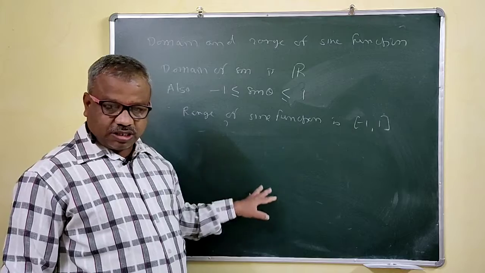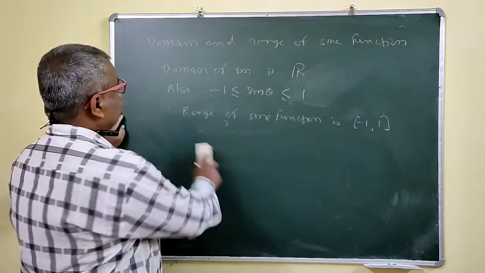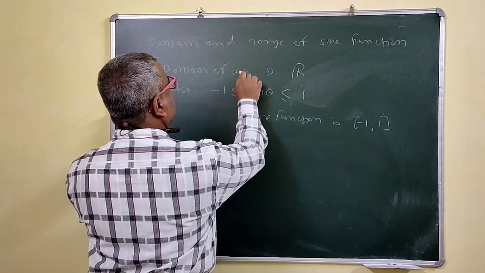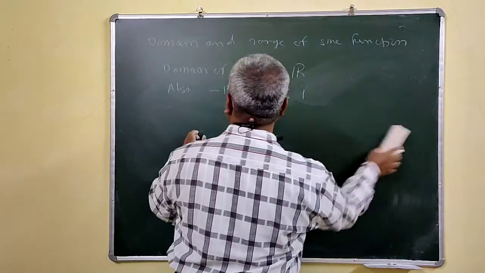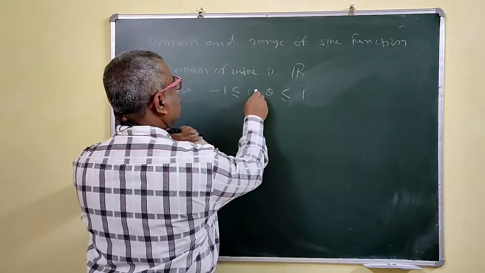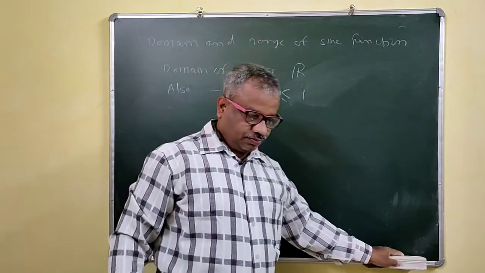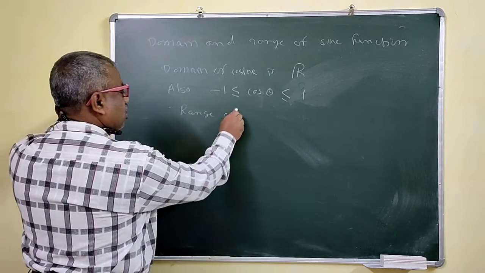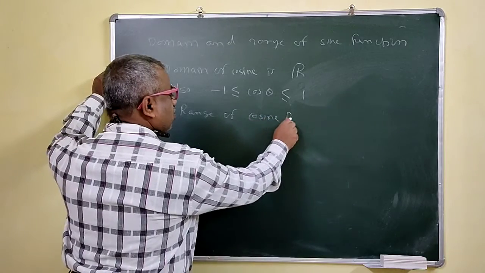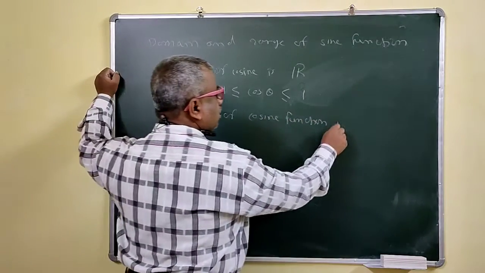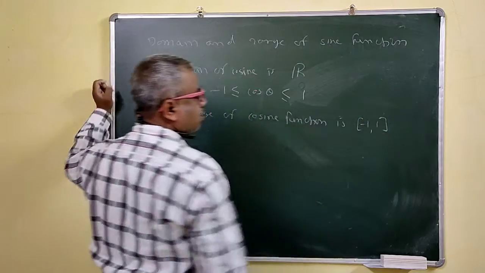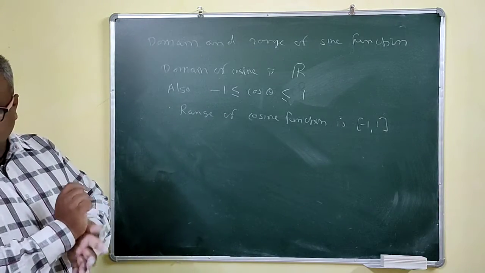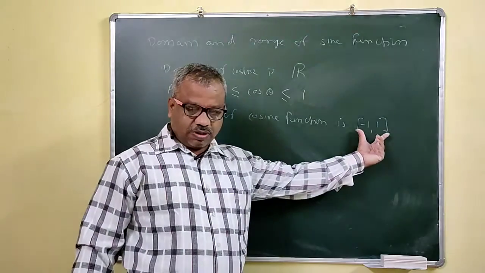That means the cos function also exists everywhere. So the domain of cosine is R. Also, cos theta lies between minus 1 and 1. Therefore the range of the cosine function is the closed interval. This is read as closed interval minus 1, 1. No need to write the spelling of closed interval.